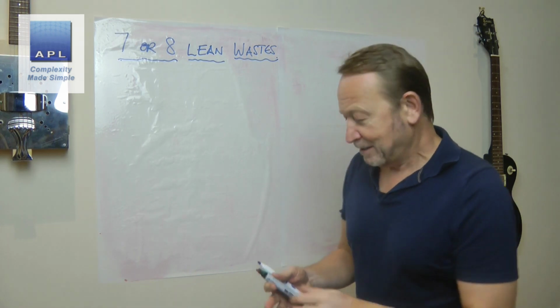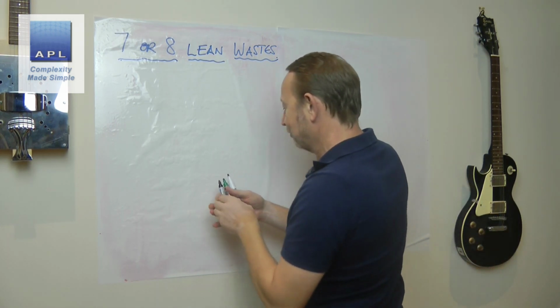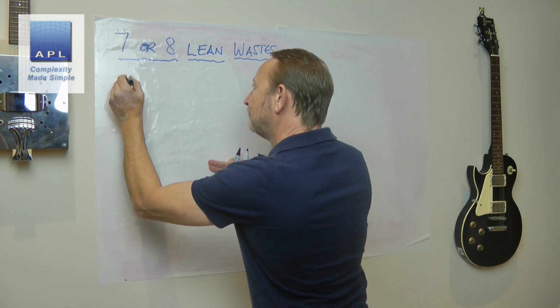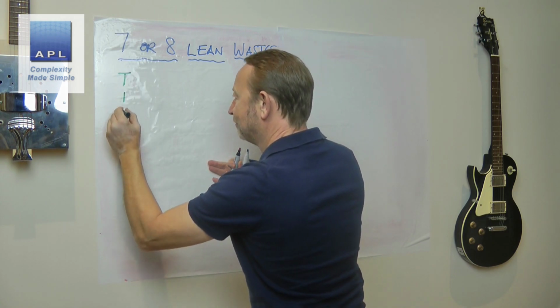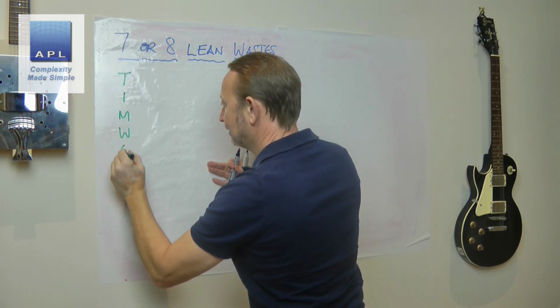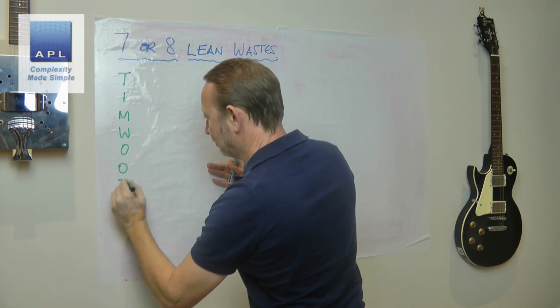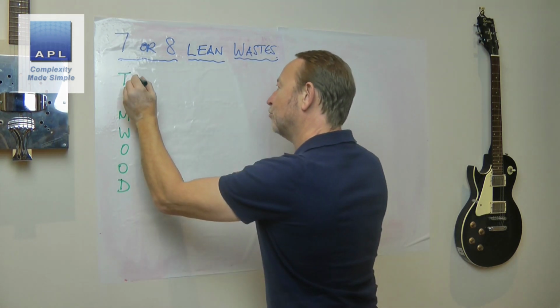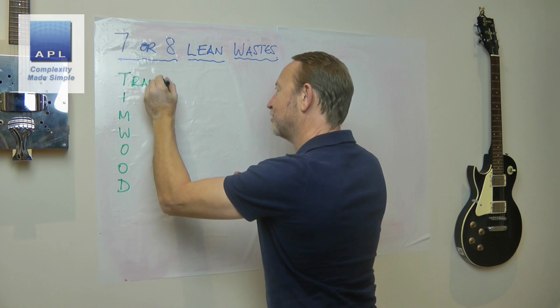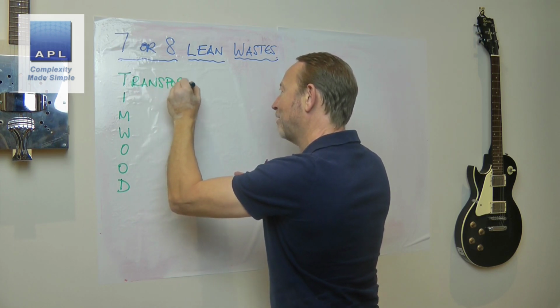Let's look at what I'm going to call the 7 wastes. Let's see if I can remember these things, sometimes I can't always remember all 7.